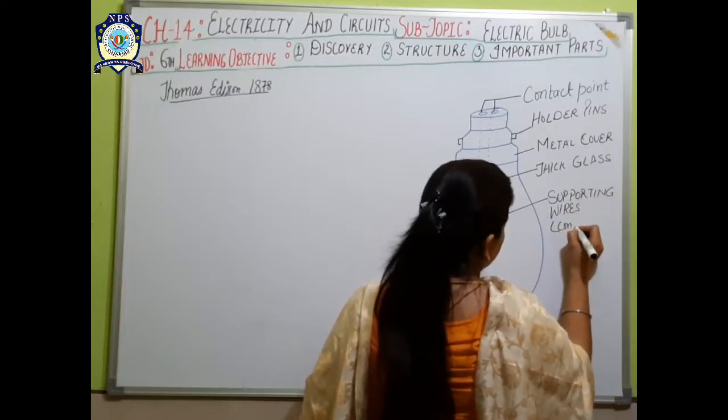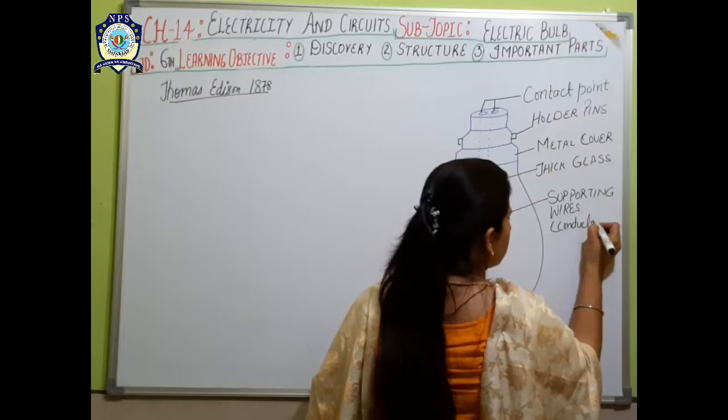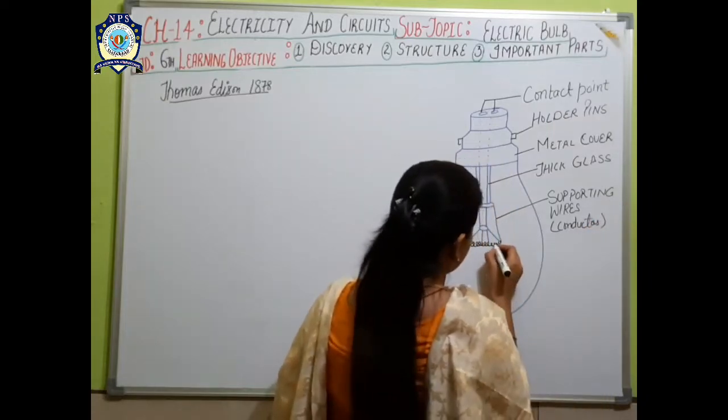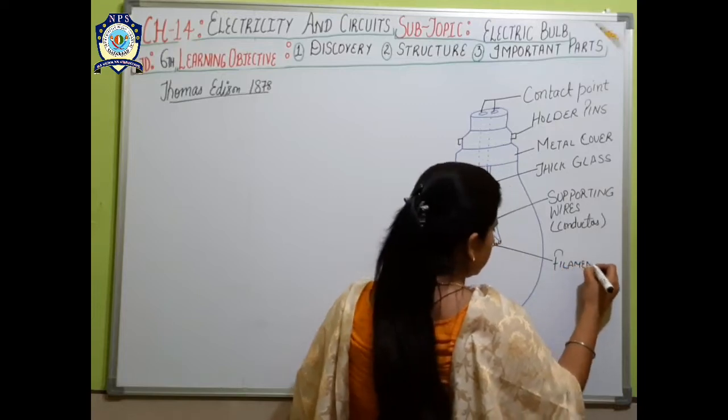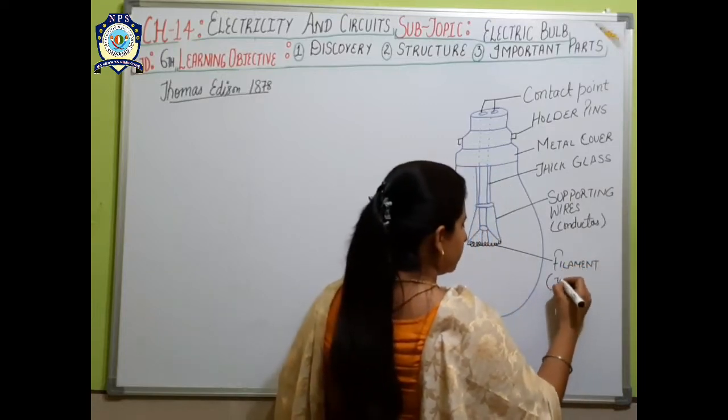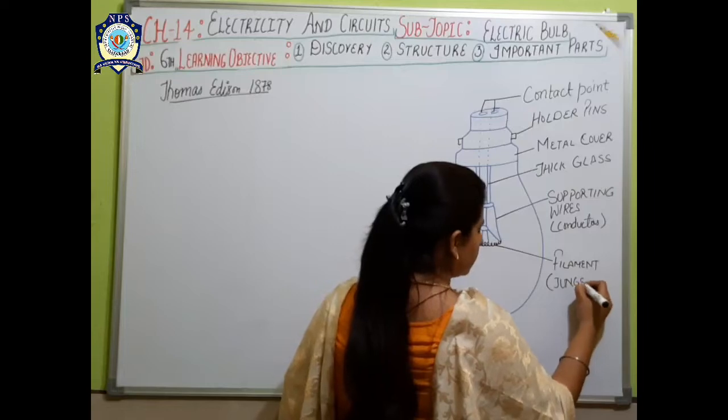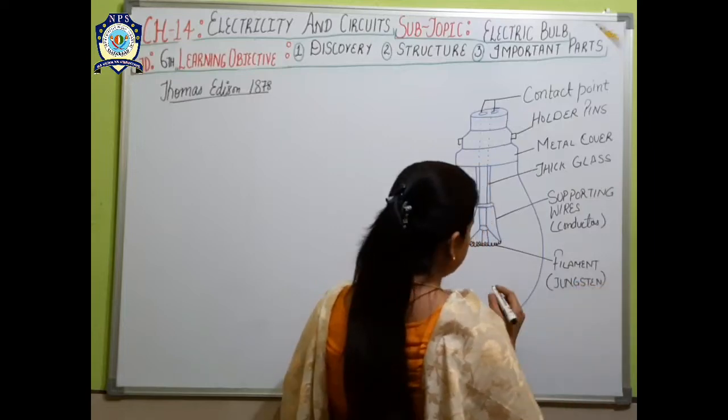They are conductors, and we know that conductors are helpful in conducting electricity. It is a filament. It is made up of tungsten, a very important part of the bulb.